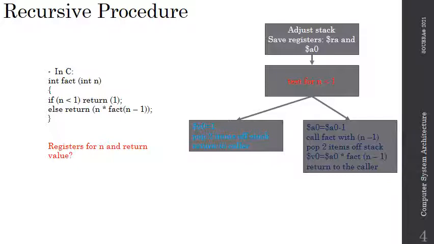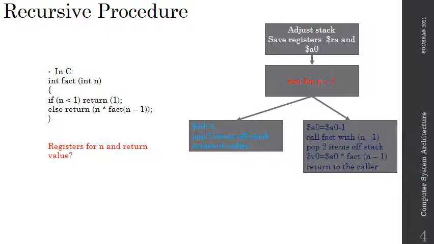And we've seen that I need to adjust the stack first, save the things that I need to save on it, and then load them before leaving and readjust, pop out and put the stack pointer back in its original location.